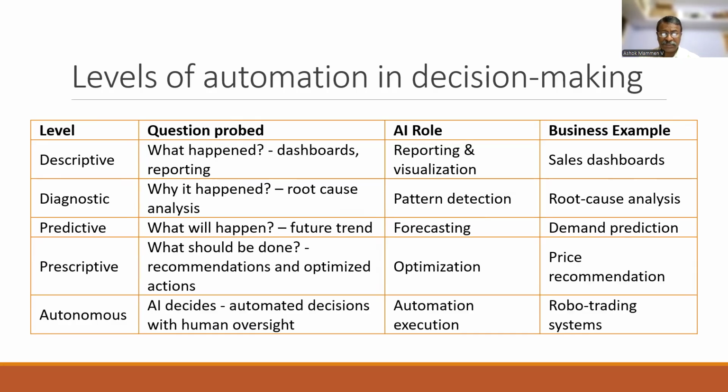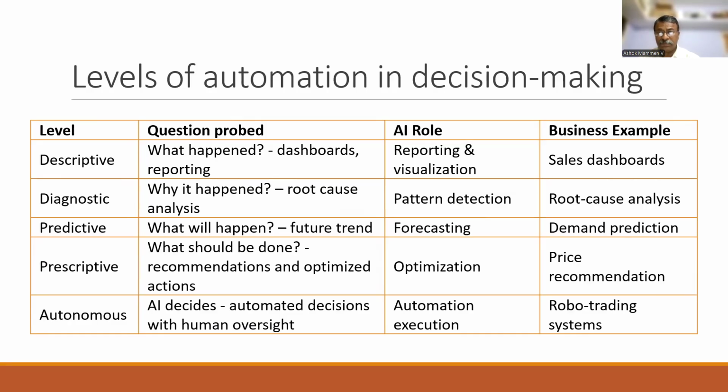So it's an optimization way of looking. Let us say you're considering many options, but what is best for you? So they are suggestive in nature. They are more optimized decisions for you.